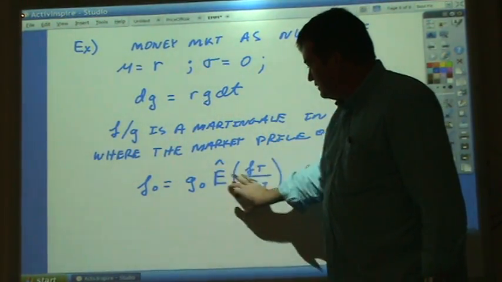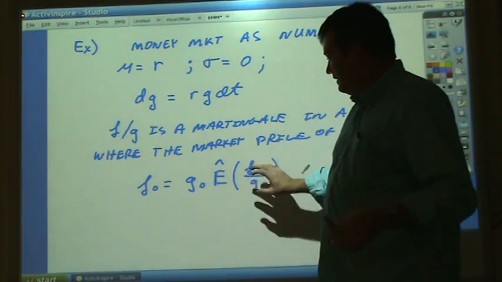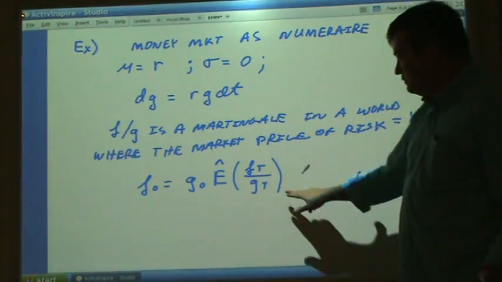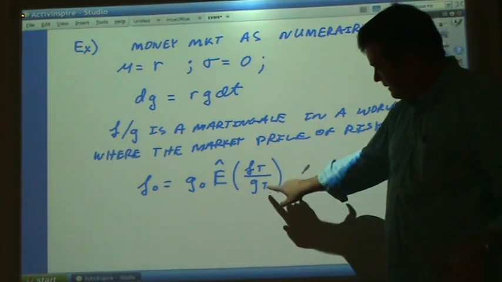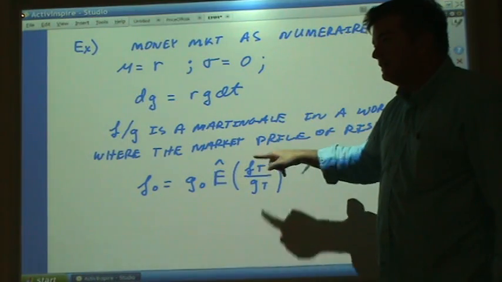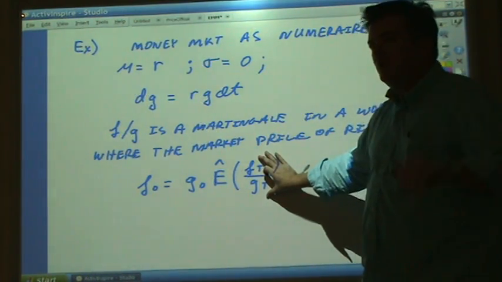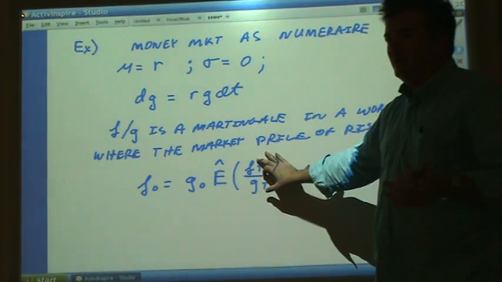If you expected this ratio to be greater than 1, that would make you move over to that one. But the idea is that whichever numeraire you use, and we said earlier, if you use lambda equal to the volatility of the numeraire, this ratio should be 1. Therefore, the idea of moving from one to the other should not make anything better for you.